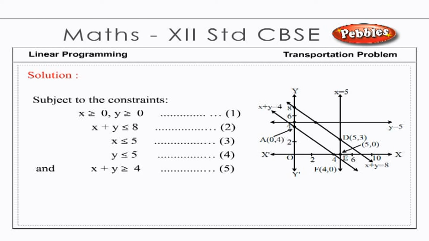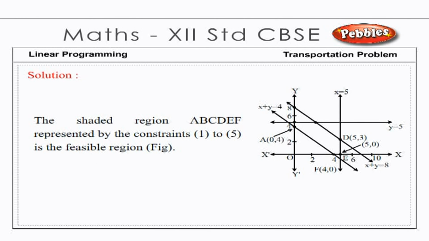Subject to the constraints X ≥ 0, Y ≥ 0, equation 1: X + Y ≤ 8, equation 2: X ≤ 5, equation 3: Y ≤ 5, and equation 4: X + Y ≥ 4.